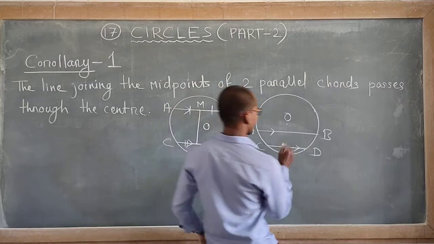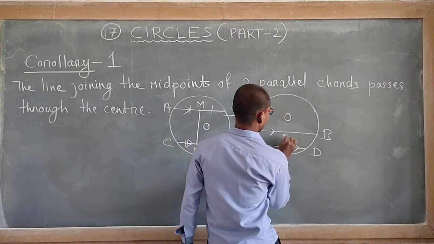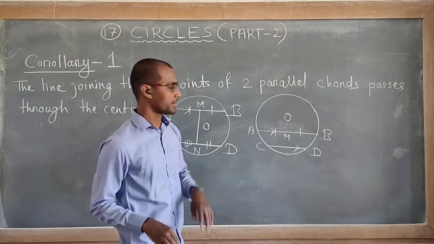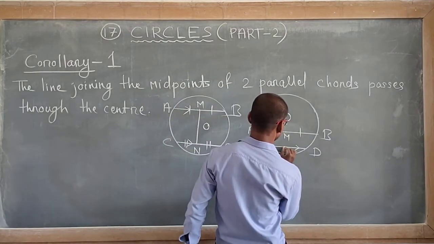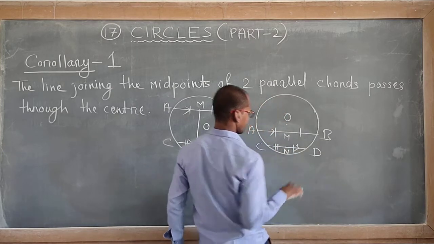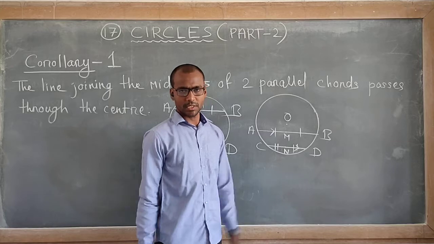Now let us take their midpoints. M is the midpoint of AB. N is the midpoint of CD.